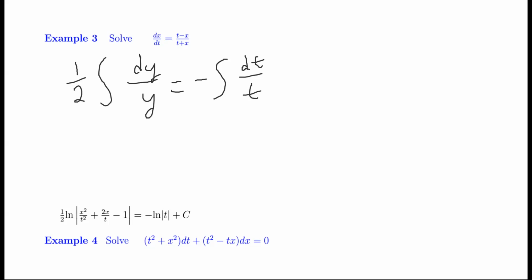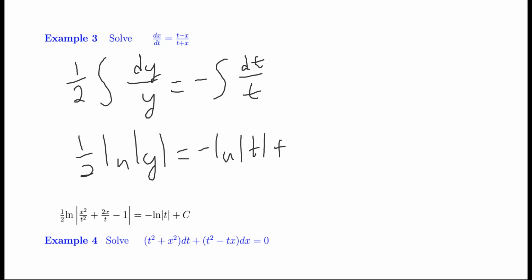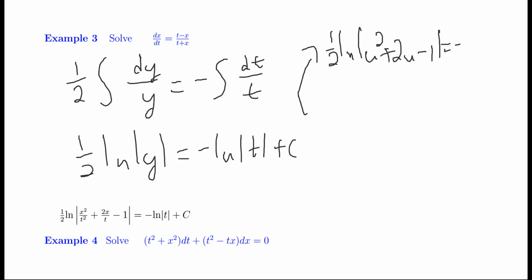All right, we integrate those. This is 1/2 ln of the absolute value of y is equal to negative ln of t plus c. All right, so we want to go back and replace what y is. y was u squared plus 2u minus 1. So this, in fact, becomes 1/2 ln of u squared plus 2u minus 1 is equal to negative ln of t plus c.